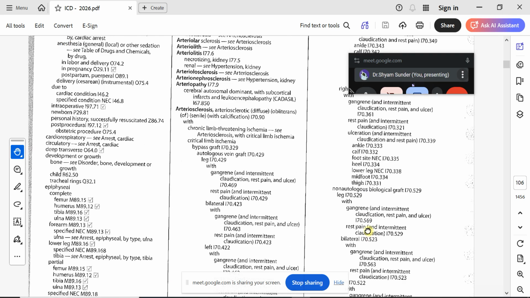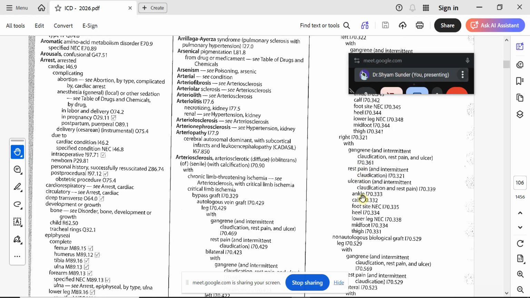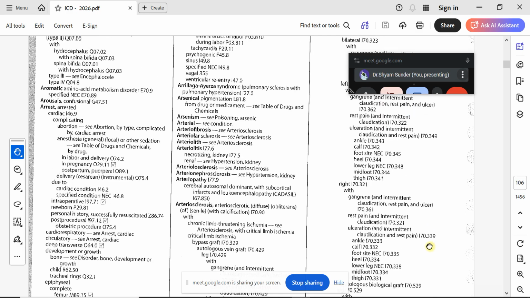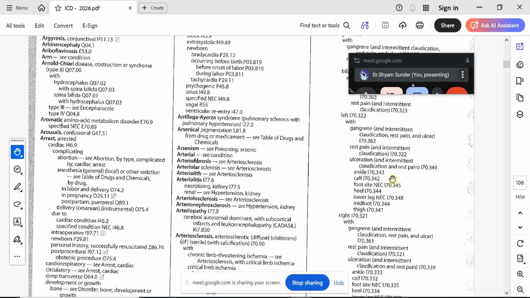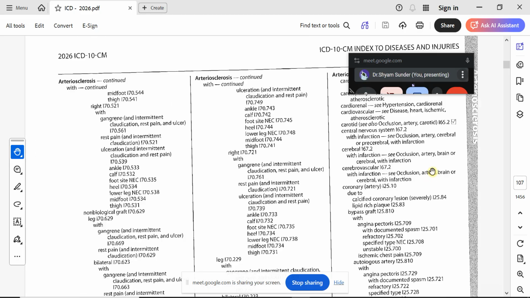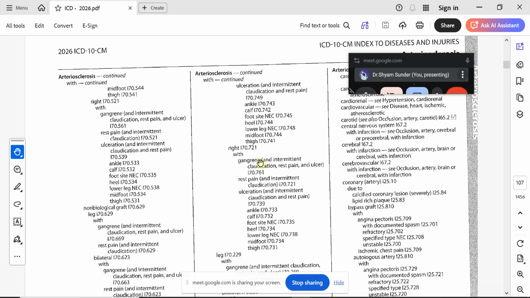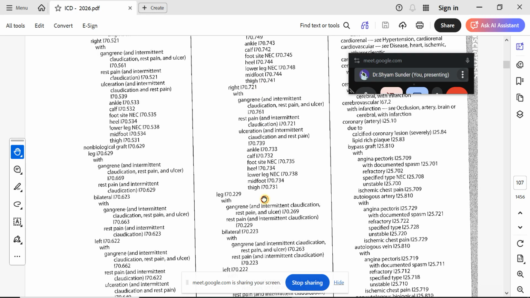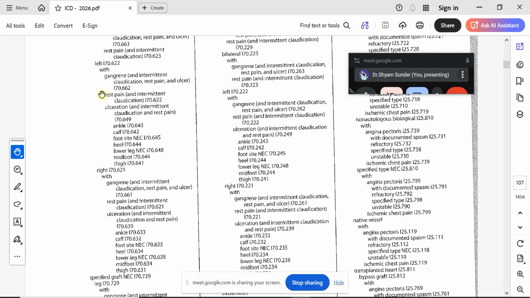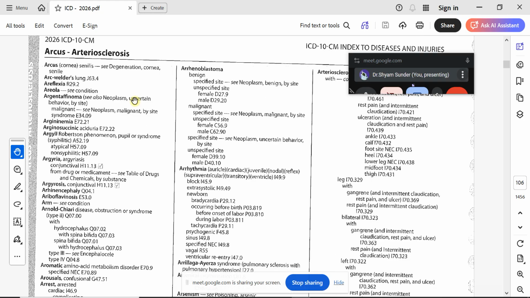For example, here you'll find I-7339, I-7349, and somewhere else you'll find I-70.649. There are different codes depending upon the type of artery within the leg. So following this indentation is important.